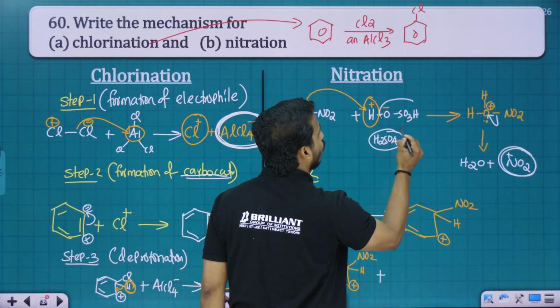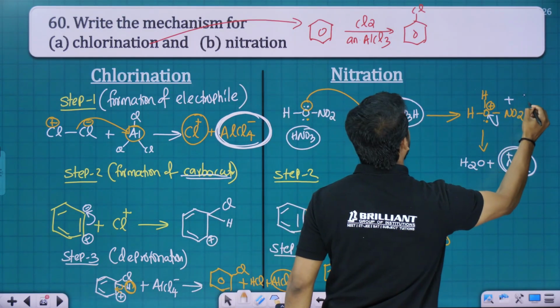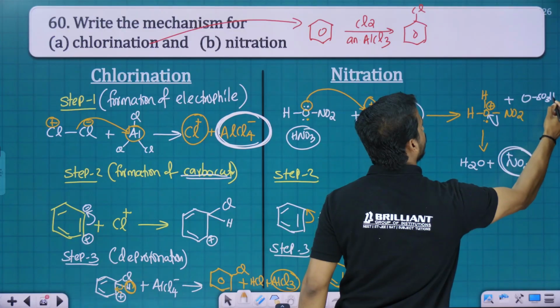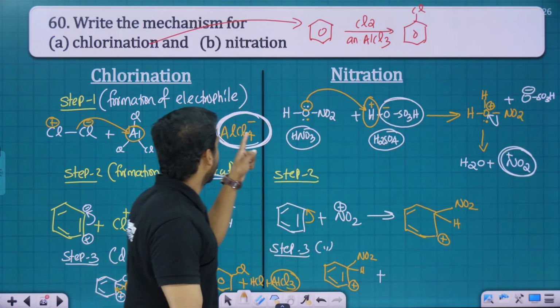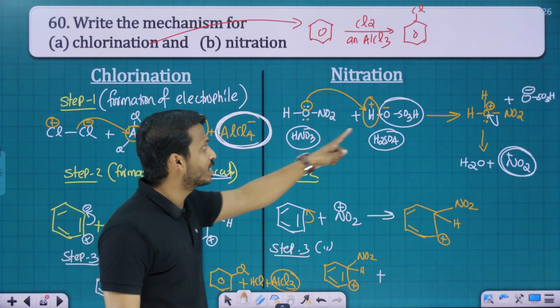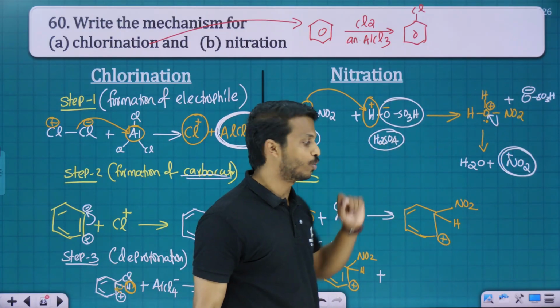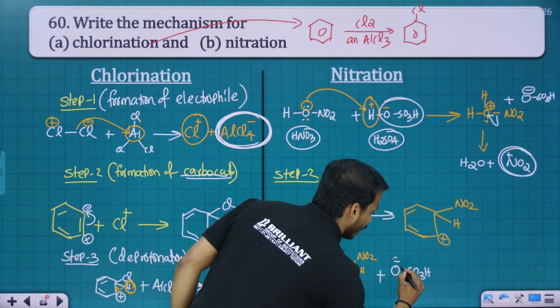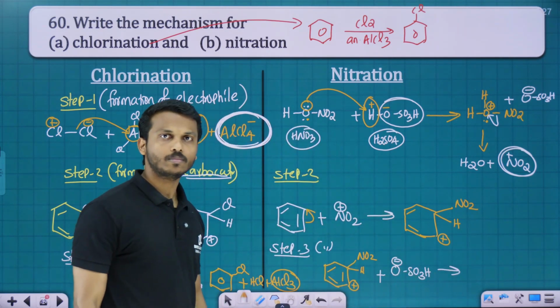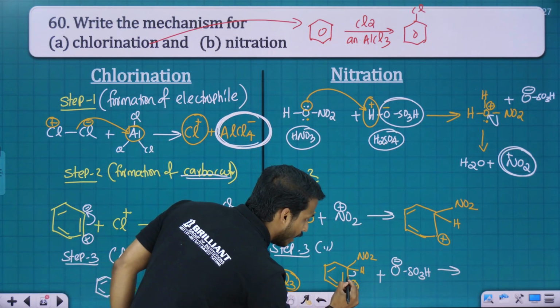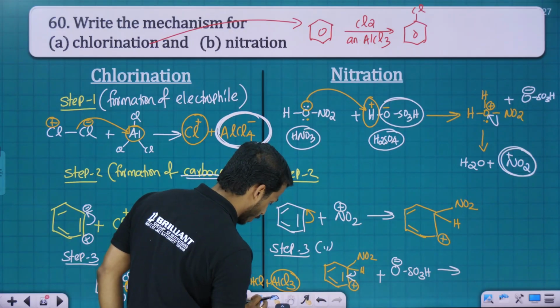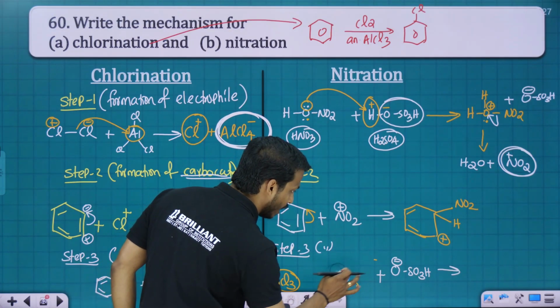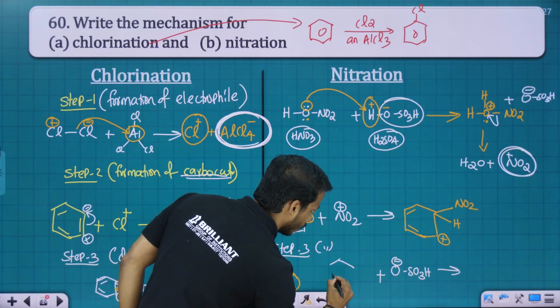What is left there? OSO3H minus. Like AlCl4 minus, we have OSO3H minus. Please bring it here. Okay, let me draw once again.